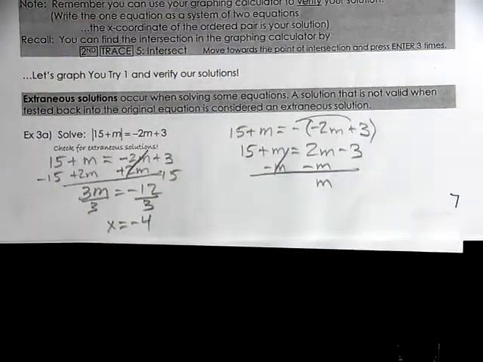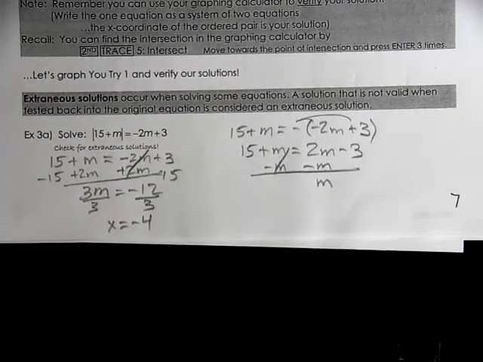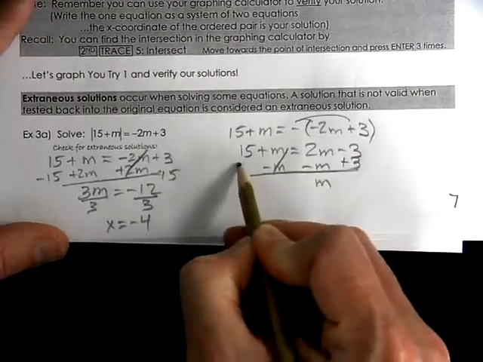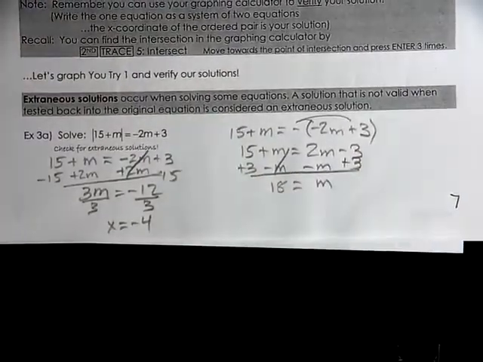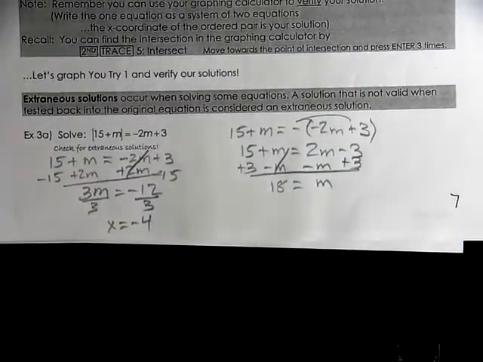I don't like to have that negative leading coefficient, so when it's possible, I like to keep it positive. And I'm going to add my 3 to the other side, and that's going to give me 18. So now I have two answers. I kind of expected two answers, and I have two answers.